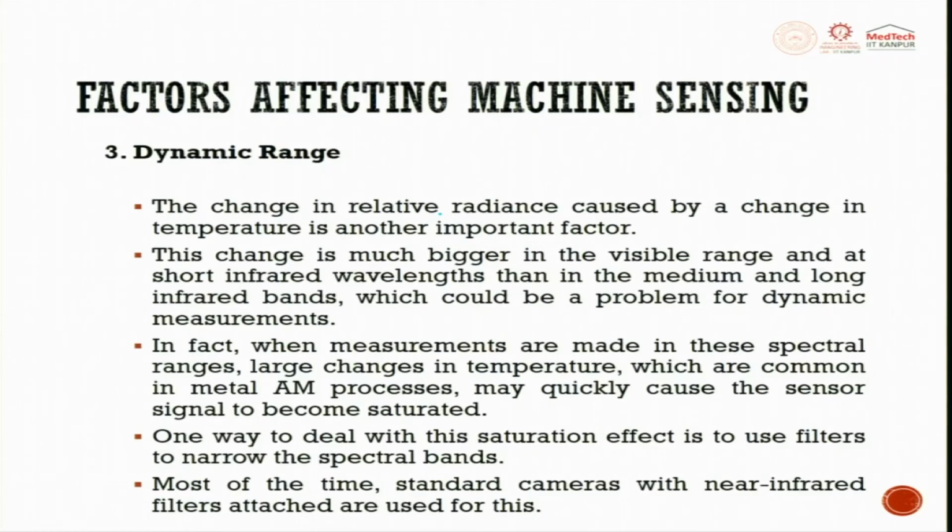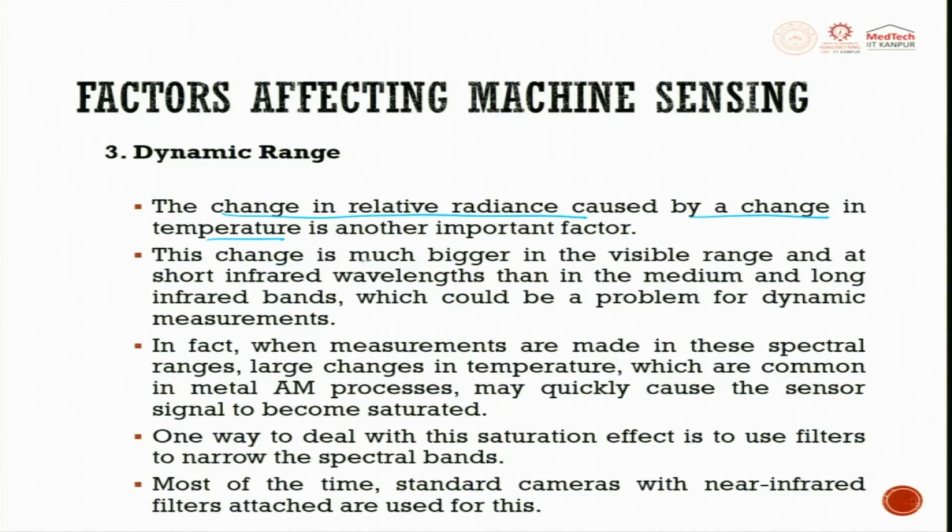The change in relative radiance caused by change in the temperature is another important factor. This change is much bigger in the visual range and at short infrared wavelengths than in the medium and long infrared band.